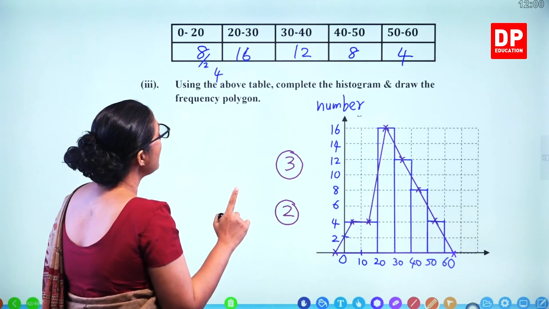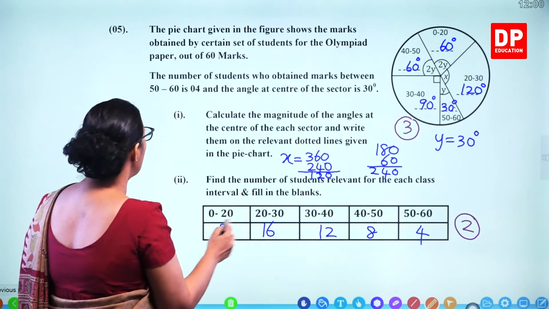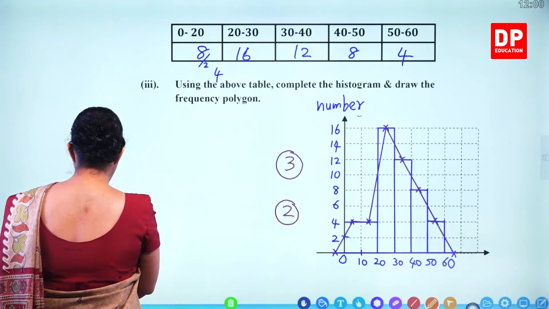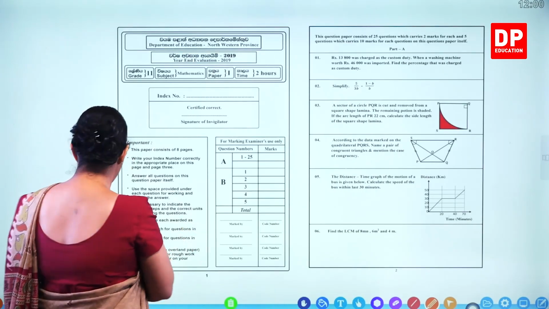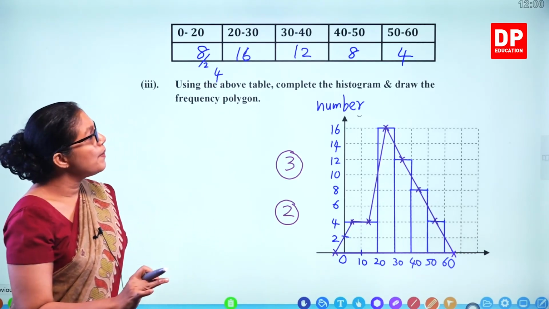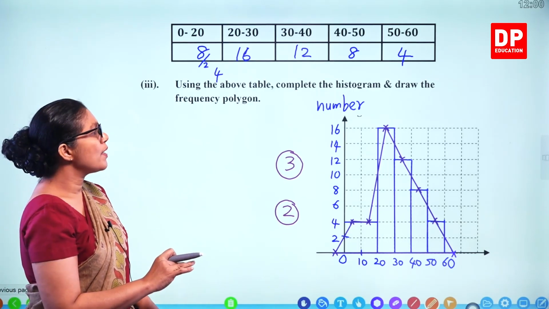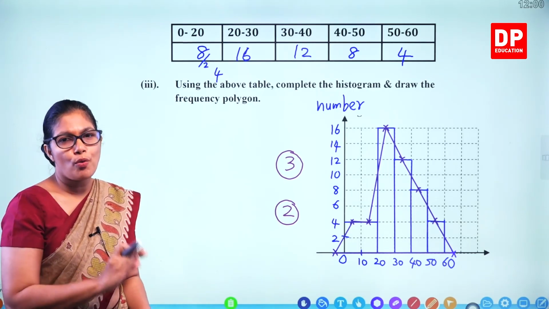So this is 5 and you got 5 before. So altogether 10 marks given. So we completed all questions in paper 1, 25 short questions and 5 long questions.